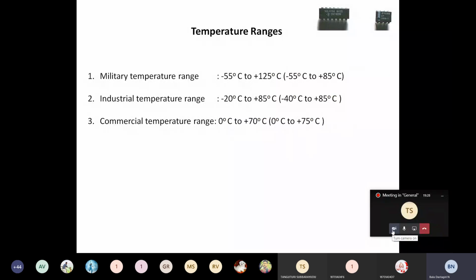For the industrial temperature range, the ICs can withstand the temperature of minus 20 degrees to 85 degrees centigrade. And for the commercial temperature, that is for commercial applications like our laptops or mobile phones, the ICs should withstand from 0 degrees to 70 degrees centigrade.